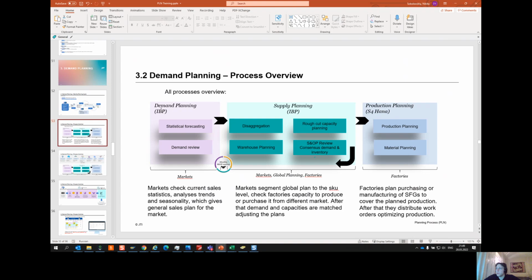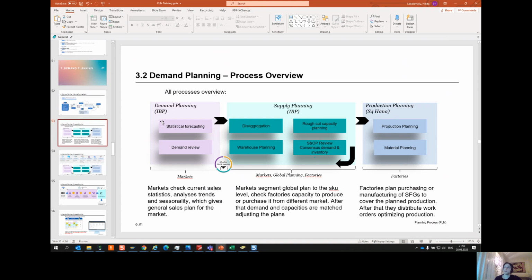Demand planning is carried out in IBP, and markets need to check the current sales statistics, the sales data for the previous months. Then they need to analyze the trends and seasonality, which gives a general sales plan for the market.